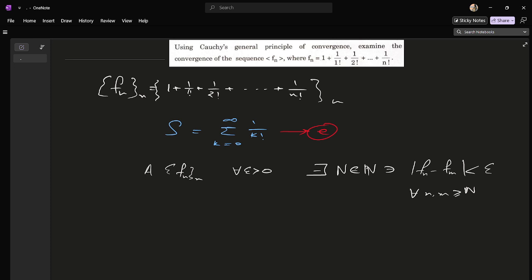In this case the same thing will have to happen. To check the convergence, we consider the absolute difference between two terms Fn and Fm.